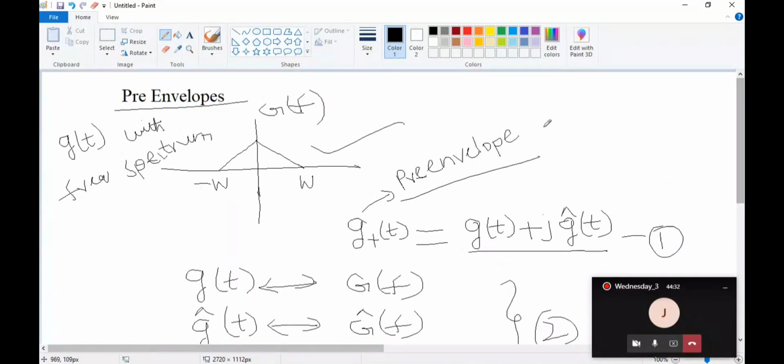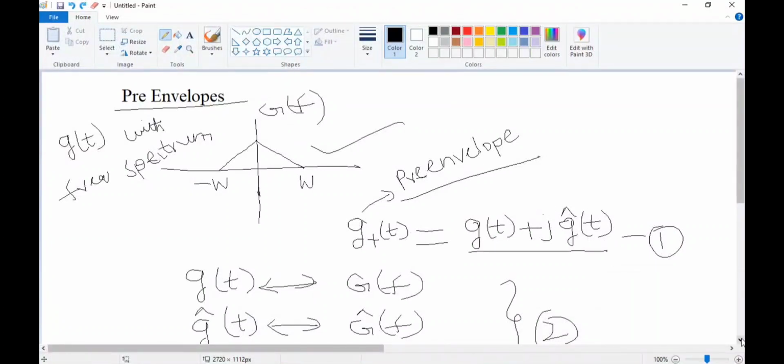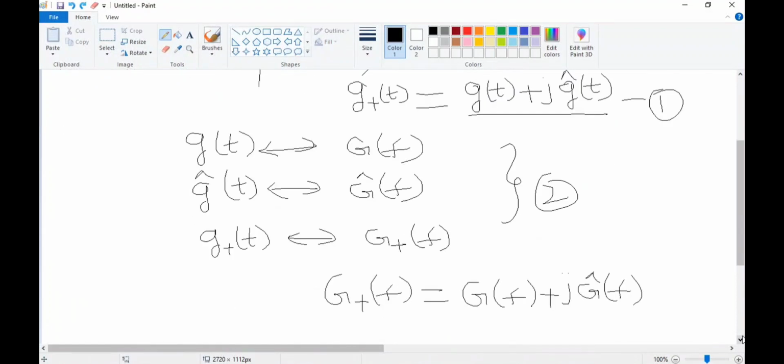For this signal we will get positive frequencies. So g plus of t is given by g of t plus j g cap of t. I'm saying orally that this will give me only the positive frequencies, so I have to analyze whether I really have only the positive frequencies or negative frequencies also. In order to find that out, I have taken the Fourier transform of all this.